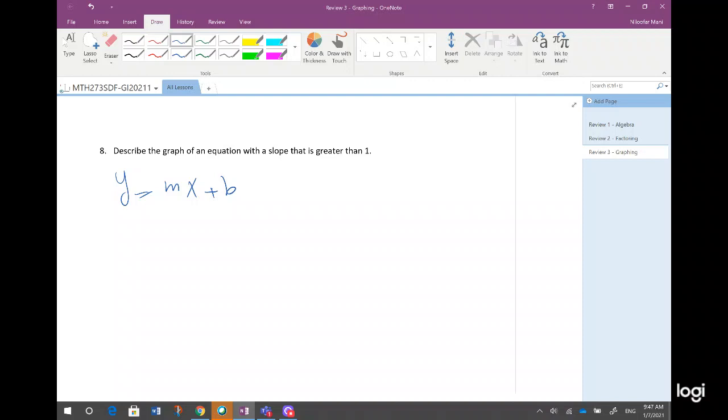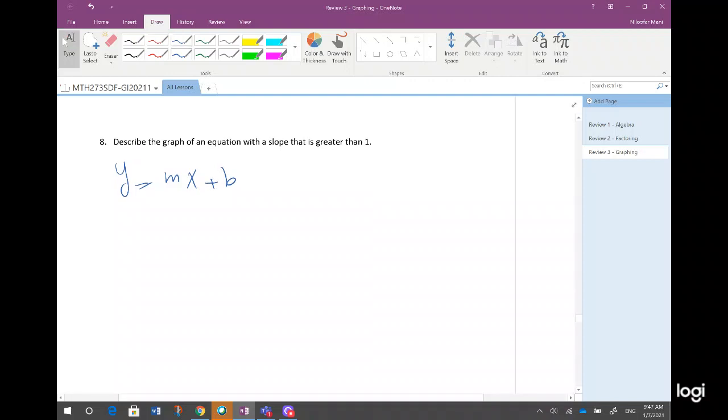Maybe not too many times in college, but when you discuss a question, you just brainstorm, bring your ideas to the question, and think and talk about different situations. Okay, so here it says describe the graph when the slope is more than 1.